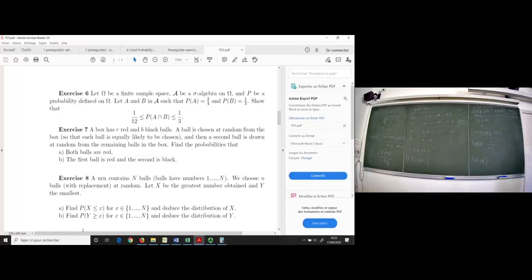R minus 1 over the total number of balls in this situation, that is B black plus R minus 1 red. That is B plus R minus 1. And the probability I want to compute is just the product of this term and this term.